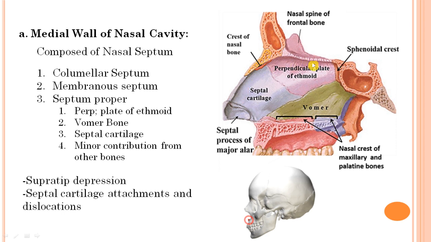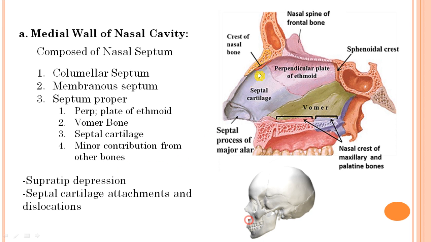So that proper septum, or septum proper, includes the bony as well as the cartilaginous part. Now if you look at the bony part, of course you have the perpendicular plate of the ethmoid, then you have the vomer bone, and in the front you have the septal cartilage. And moreover, there is also minor contribution from the other bones.